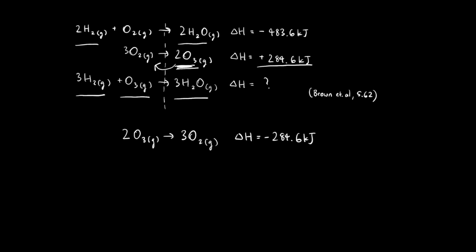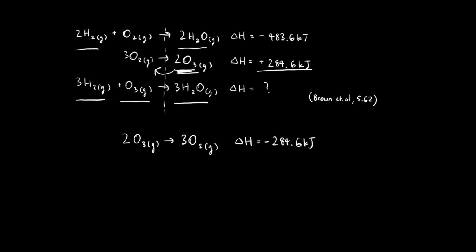We look to our coefficients and say, if we multiply equation 1 by 3, we get 6 here, 3 here, and 6 here. And if we multiply this equation, I'll label this as 3 and the middle one as 2, by 2, we get 6H, 2O3, and 6H2O.